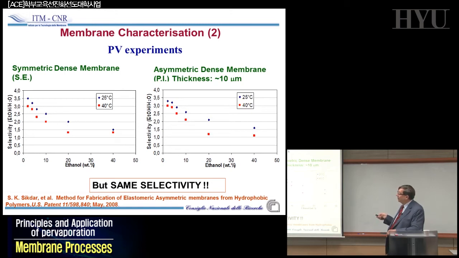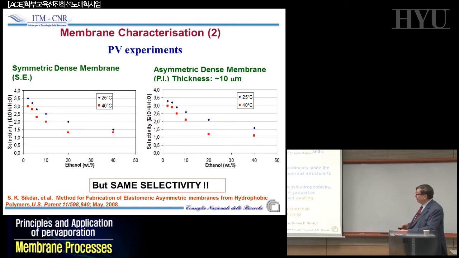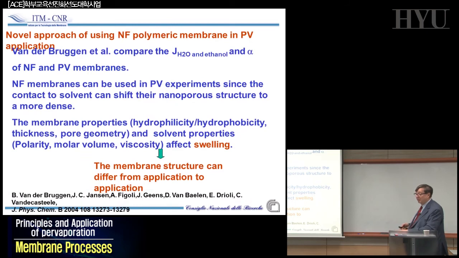Basically, we have this 3.5 here, 3.5 here. There's a small difference, but basically not influential on the overall final performance of your membranes. So you have to learn how to make these membranes asymmetric, dense, with a certain thickness, because you can have quite interesting selectivity eventually, and you can improve significantly the membrane flux. So same selectivity, but much different permeability.